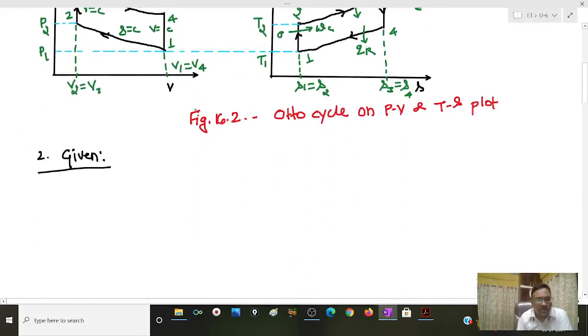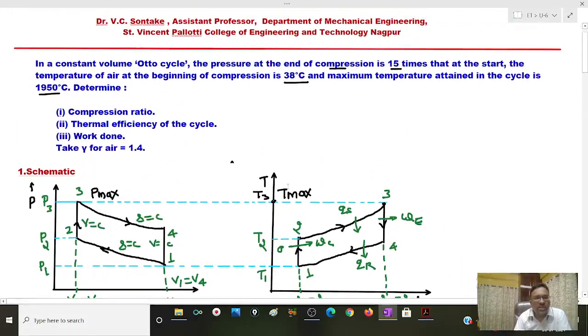That means P2, the pressure at the end of the compression, is 15 times P1, or P2 by P1 is equal to 15. Then you have been given the temperature at the beginning of the compression, T1, 38 degrees Celsius, and the maximum temperature attained in the cycle, 1950 degrees Celsius, which is nothing but T3.